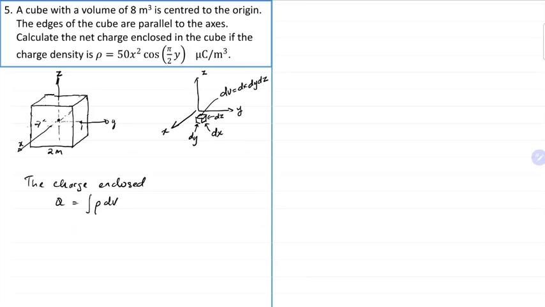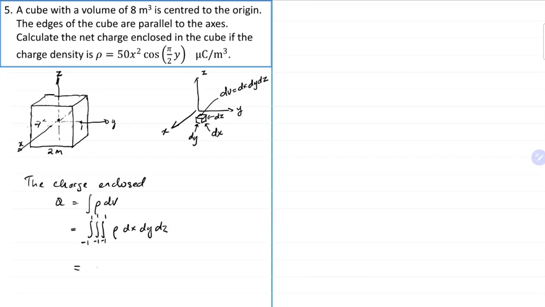Therefore, the charge here will be the triple integral of rho dx dy dz. And because the edge of our cube is 2 meters, the limits go from -1 to 1 for x, y, and z.